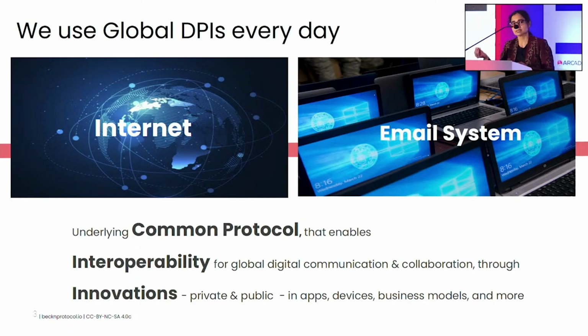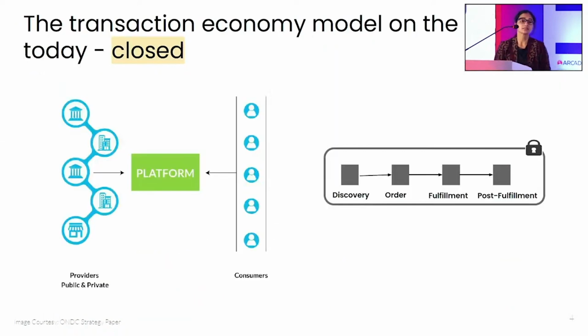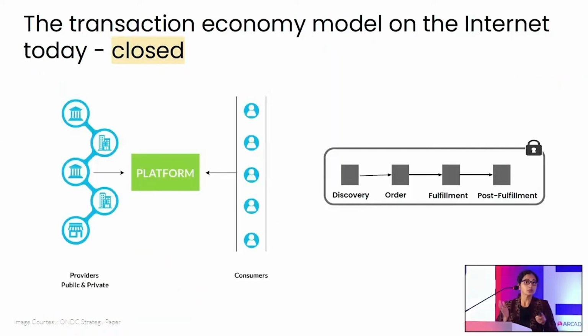And I want to take you a little further ahead to consider having a similar language or a protocol that enables what we all do today, which is trade, transaction, and commerce on the internet, which, funnily enough, though the internet is open, the digital economies built on top of the internet are not, simply because of the lack of a common language, and which is why it's all closed.